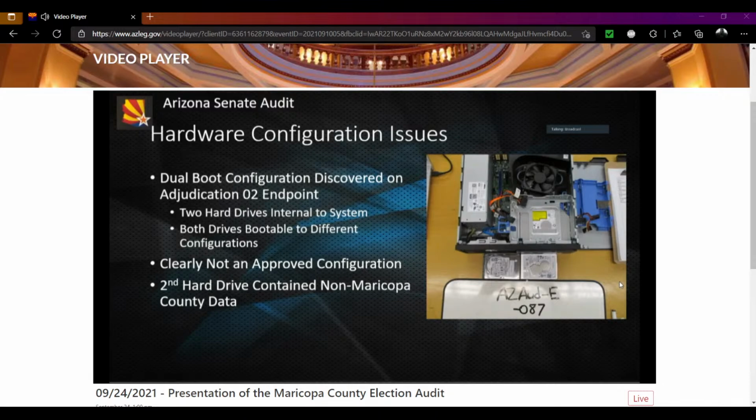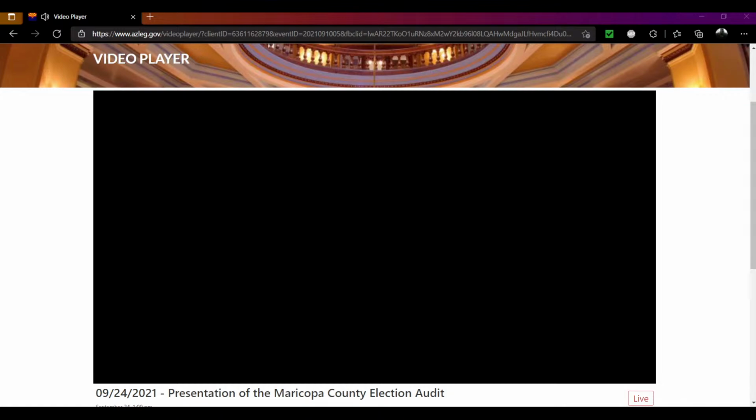Now, to further complicate matters a little bit, and I'm not going to make judgment as to the legality of this or whether or not this deserves further action, on that second bootable hard drive, there appeared to be non-Maricopa County data. So let me define that a little bit.